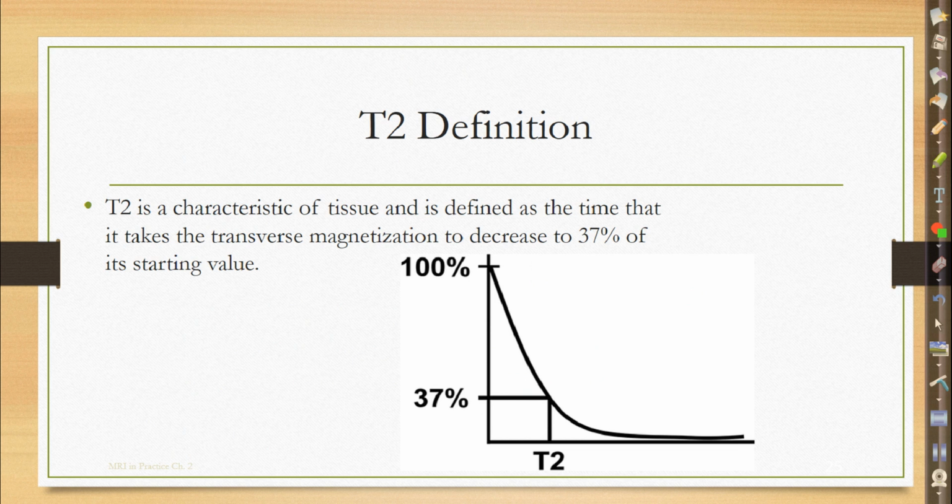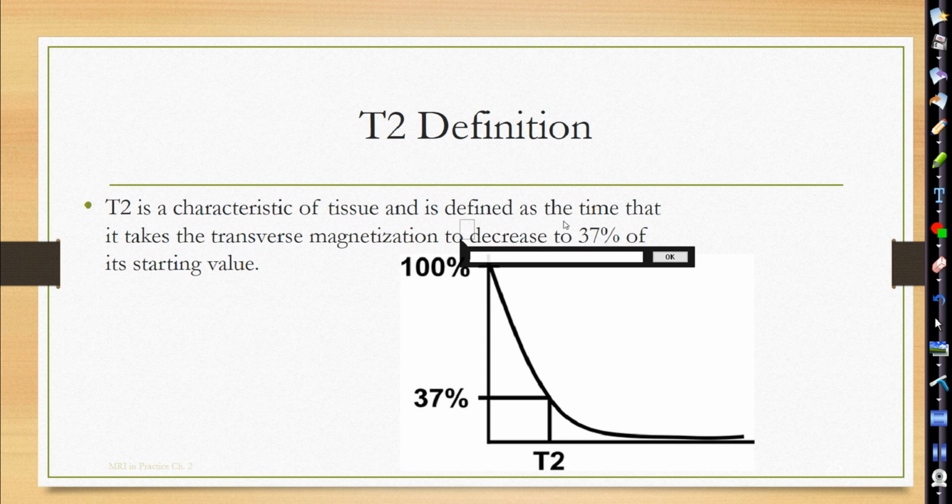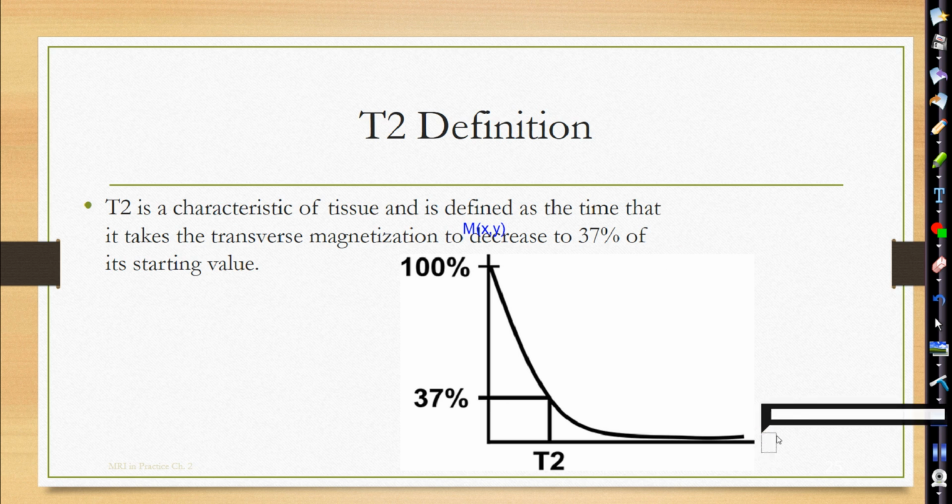So you remember, what axis is this up here? What plane? Longitudinal. Not longitudinal. Oh, transverse. Transverse, because remember, once you flip it into the transverse plane, you start with 100% signal. So this is different. So M sub XY. It's good you kind of saw that. Sometimes getting it wrong really helps to hit it home.